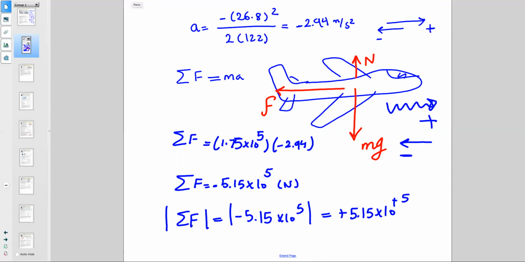Regardless, what it means is that this negative is only showing us the direction. Okay, so that's what it means.